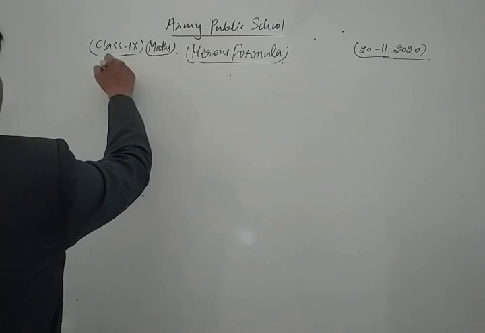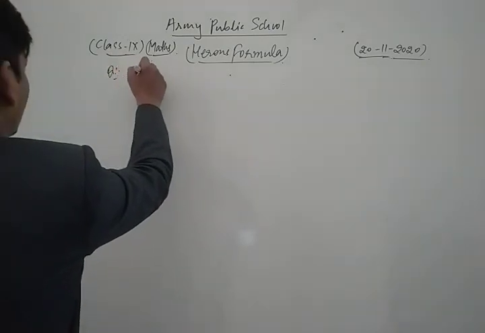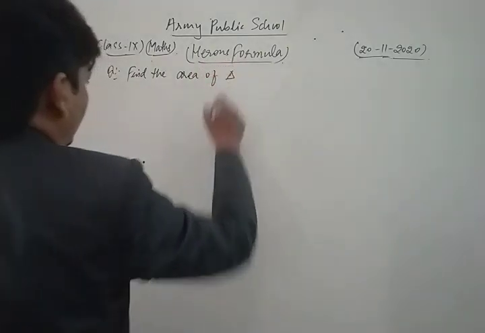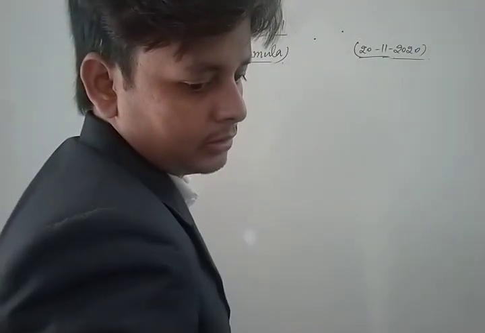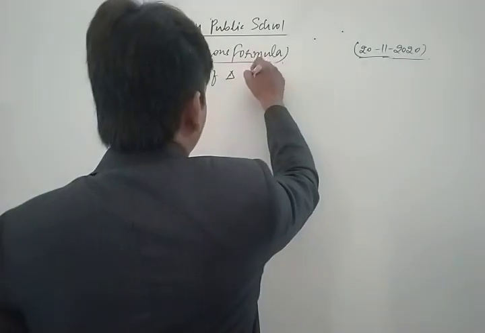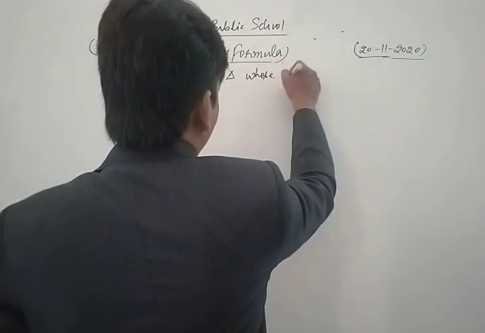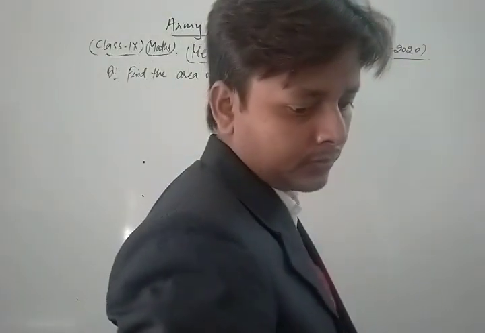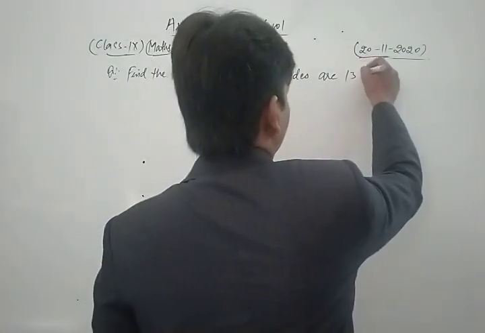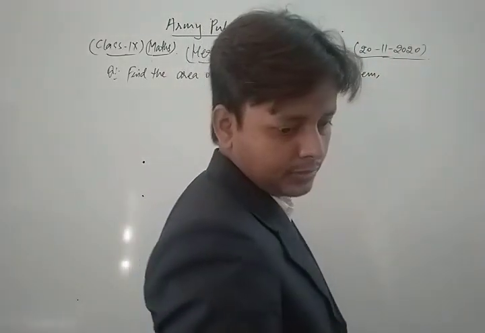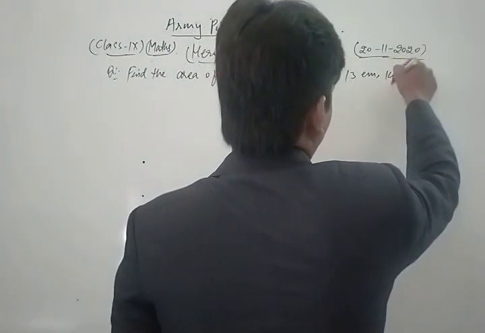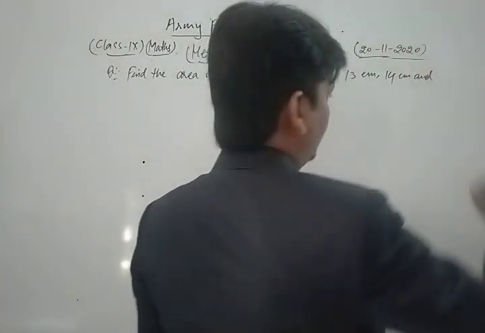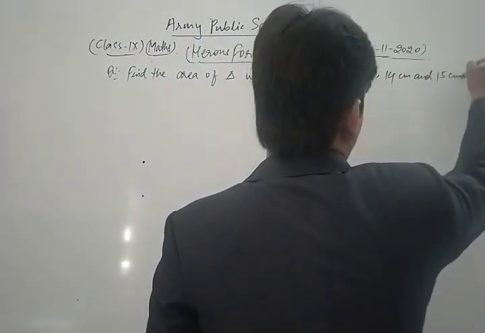We take a question: find the area of a triangle whose sides are 13 centimeter, 14 centimeter and 15 centimeter.